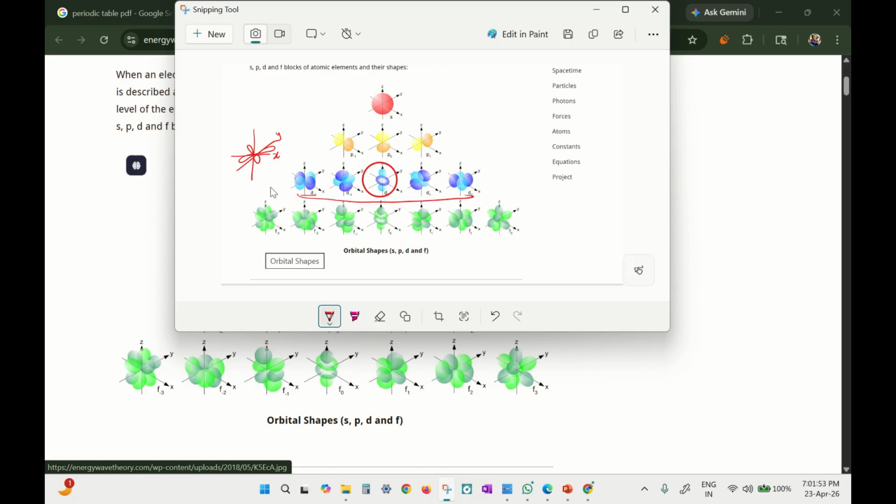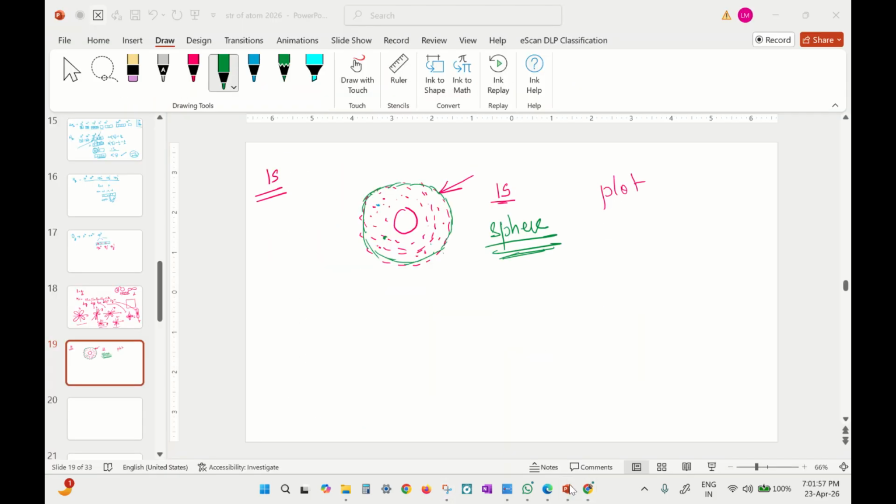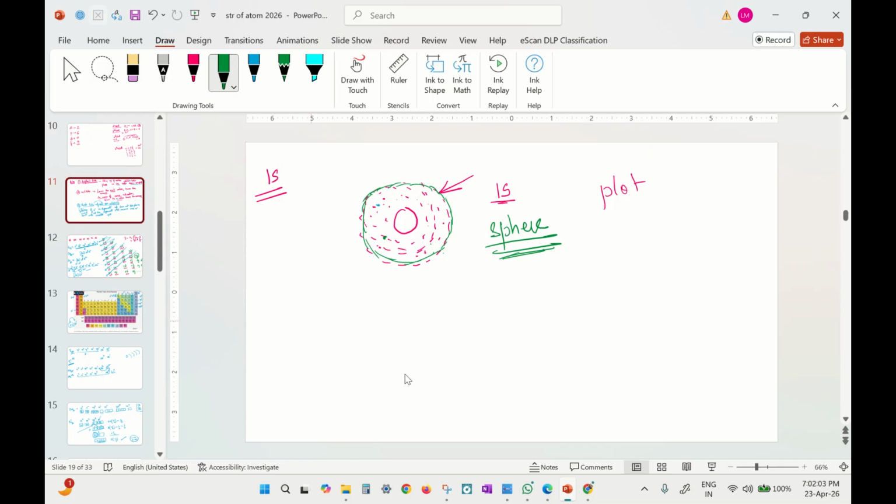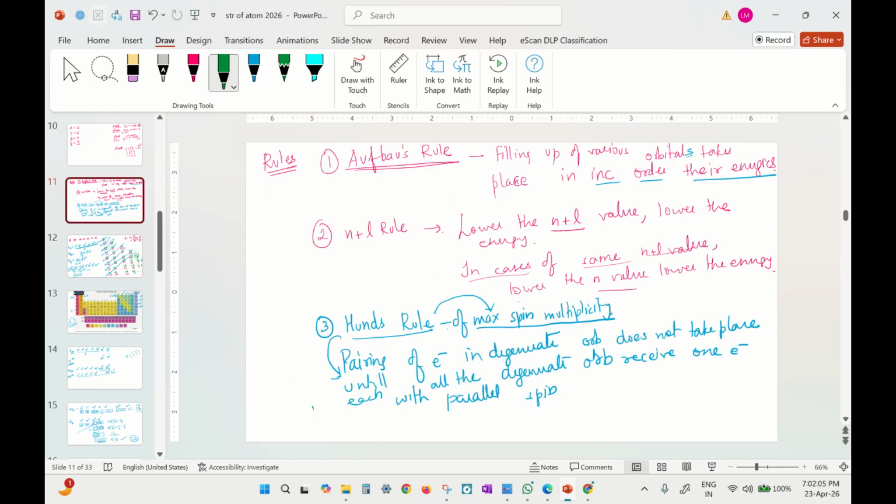Okay, the last rule. Let us conclude the last one. The last one is said to be the Pauli exclusion principle.